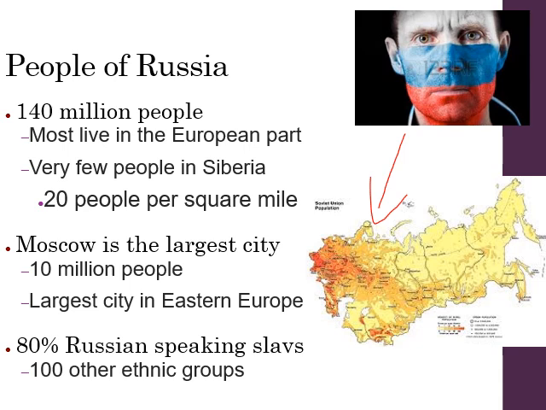The other 20% of people are one of 99 other ethnic groups that live in Russia. But what they find is it's really hard to maintain their unique identities because of that really large percentage of Russian-speaking Slavs in the area.